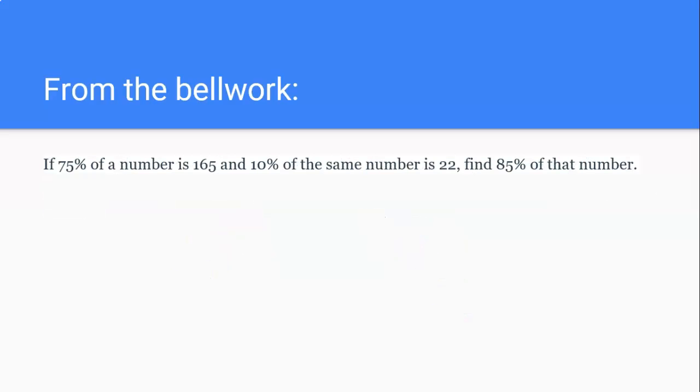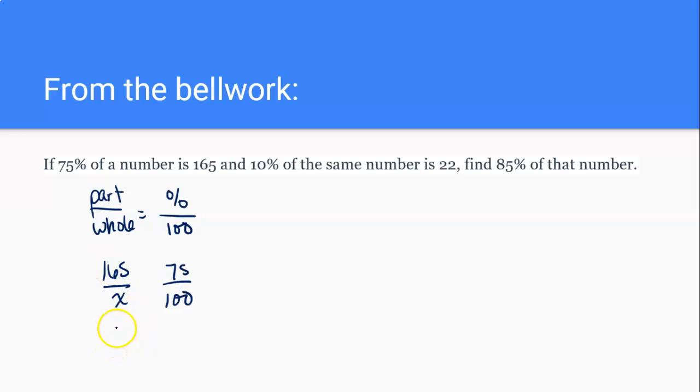And then I think this was the one that you guys thought was pretty confusing, so I wanted to teach you how to do it a different way. If 75% of a number is 165, again, you can still use that part over whole equals percent over 100. So 75% of some number that I don't know is 165.